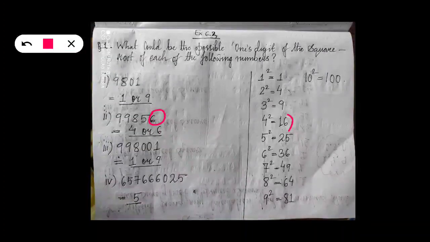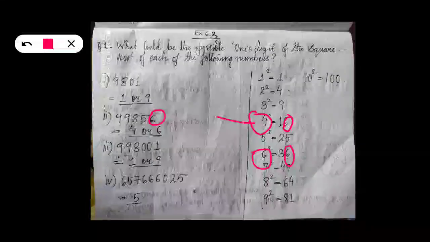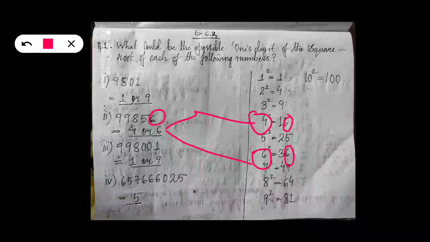It's here 6, and here also 6 is in the unit place, but we will not take this 6 because this is in the tens place. So this 6 is the square of 4 and this 36 is the square of 6. So 4 or 6 is the answer.